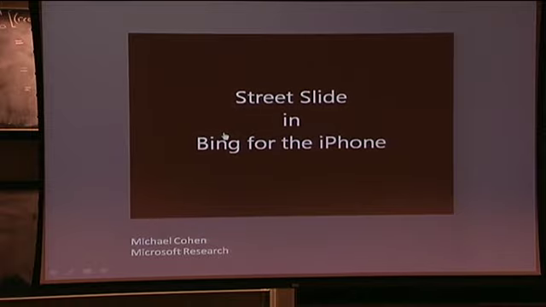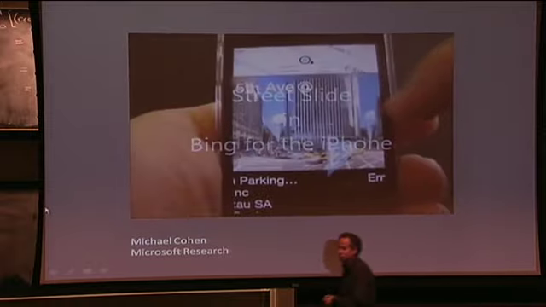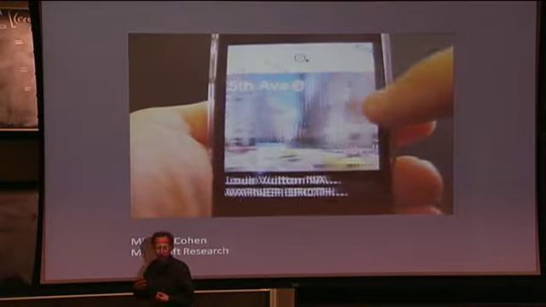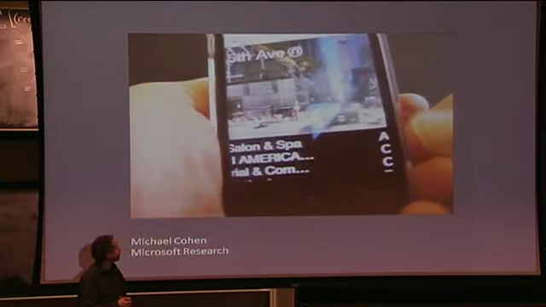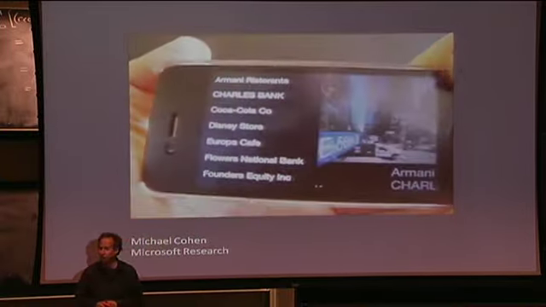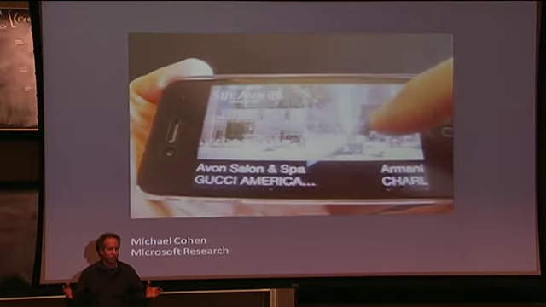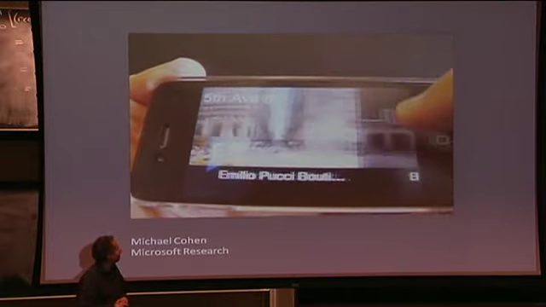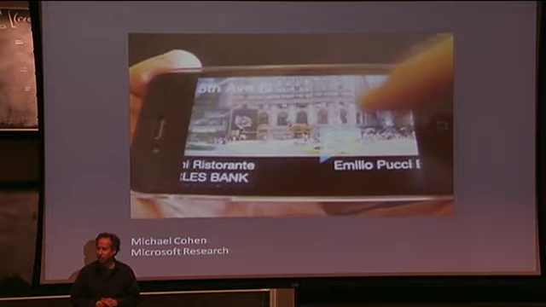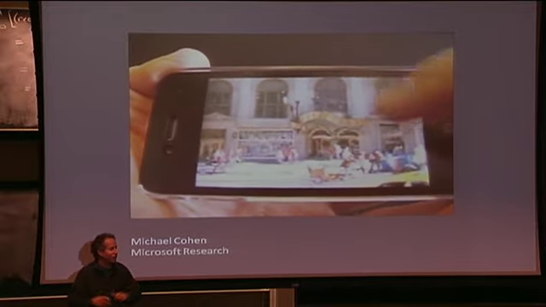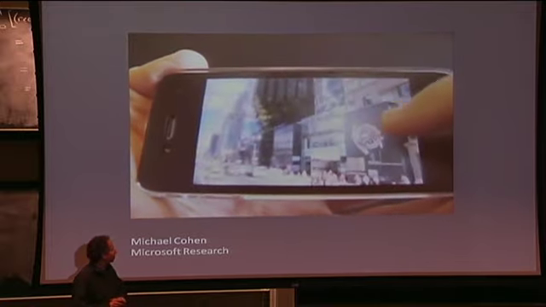Hi. If you were at SIGGRAPH this past year, you saw a new way of presenting street-side imagery, which we called Street Slide. Over the past few months, we worked to bring this from the desktop down to the iPhone. If you'd like to see how it works on the iPhone, come by. And if you have an iPhone, come along and we'll make sure it's on your iPhone.